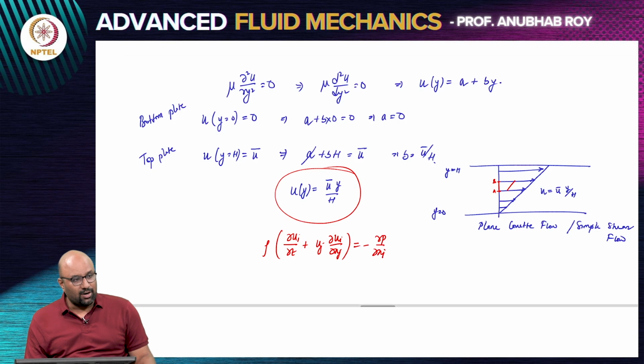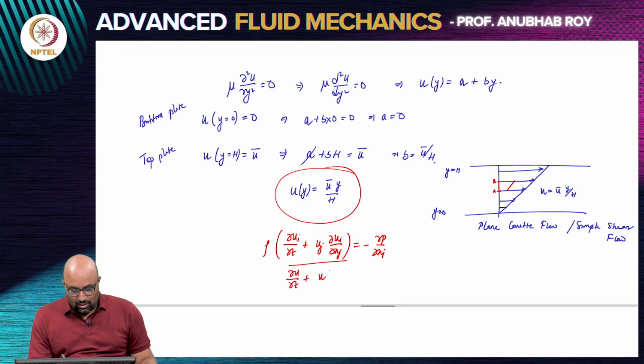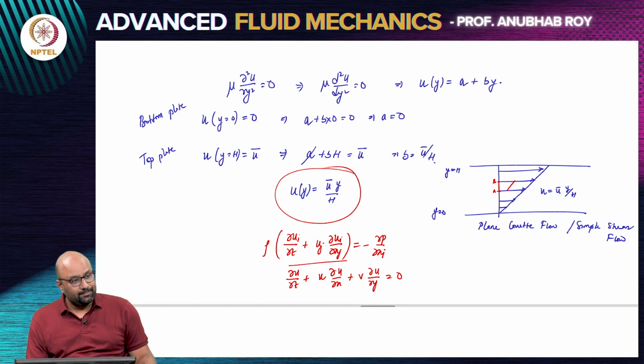I am ignoring any body force. Now there is no pressure gradient applied in this problem, so I don't have any pressure drop. A constant pressure is basically going to be sufficient. And the x momentum version of this is dou u by dou t plus u dou u by dou x plus v dou u by dou y equals 0.